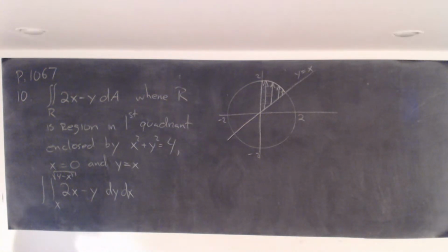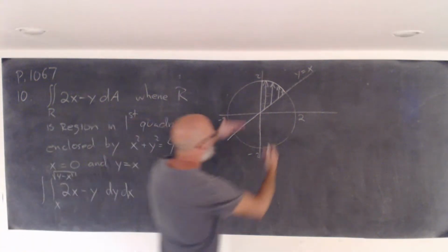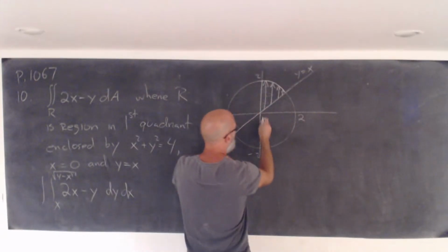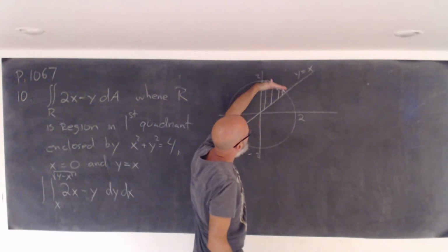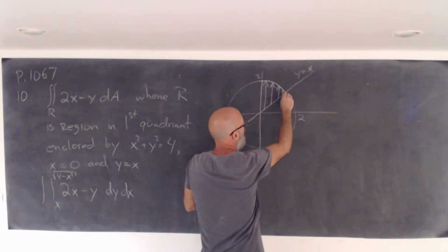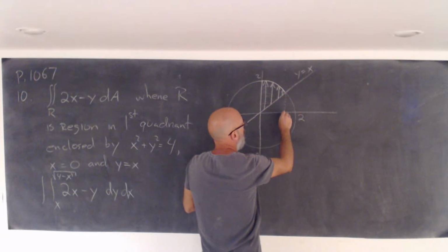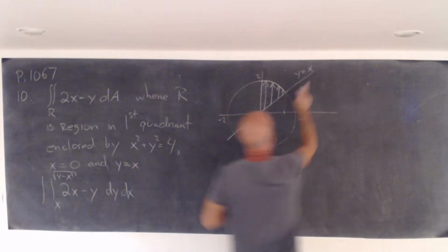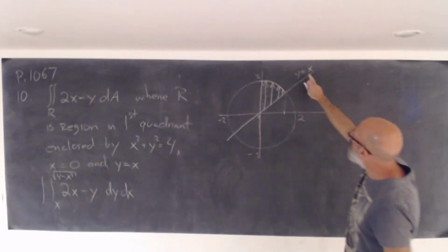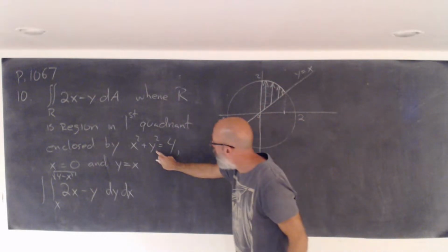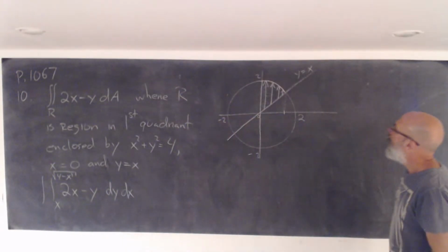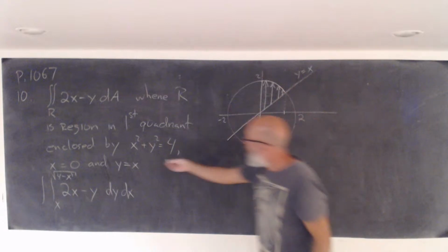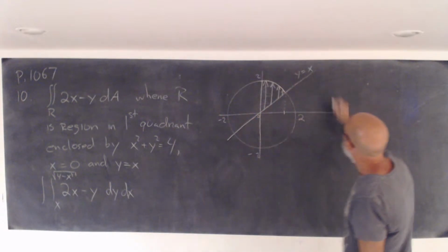Very nice, Ahmad. And once you've described y, you would now project onto the x-axis. And the shadow cast by this object is going to be dependent on this point of intersection. Where does y equal to x intersect the circle?